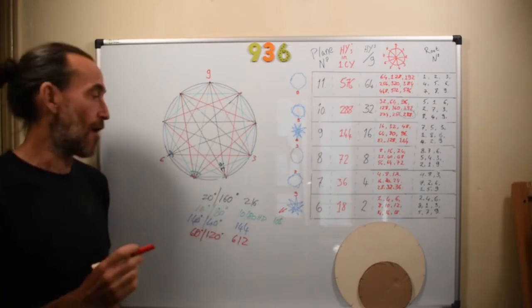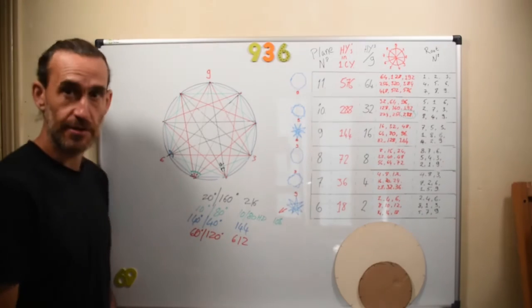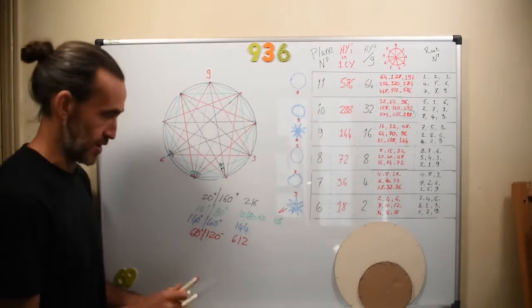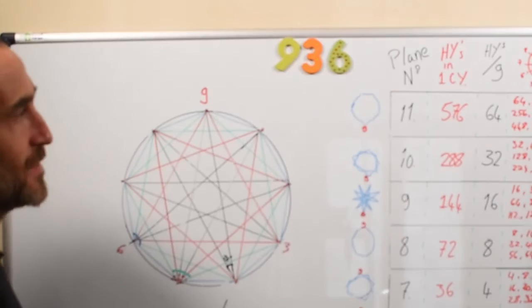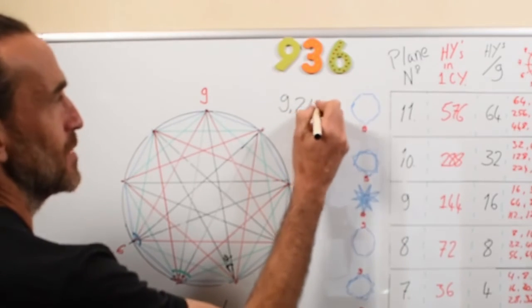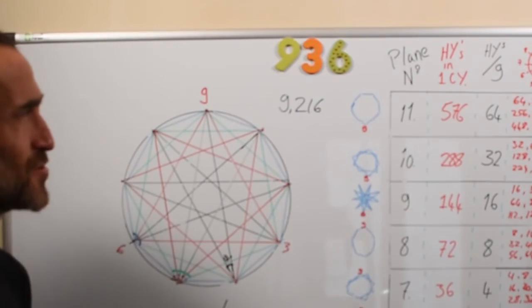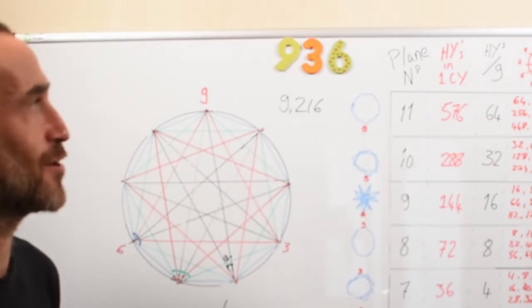And these are all key numbers in the Powers of 9 teaching. Just for an example, the 216 in the 11th plane, we are meant to stay there for 9,216 million human years in total.